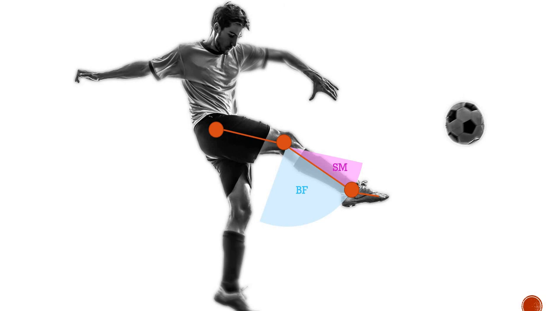But in footballers, it tends to be the semimembranosus and sometimes the semitendinosus, which is more commonly injured. And that is simply because the semimembranosus is providing an eccentric force just before the limb reaches full extension.